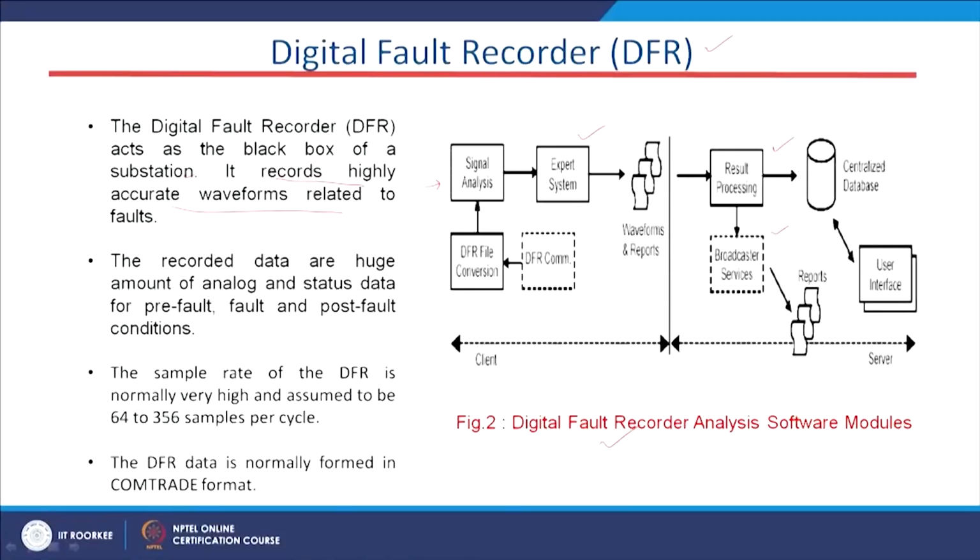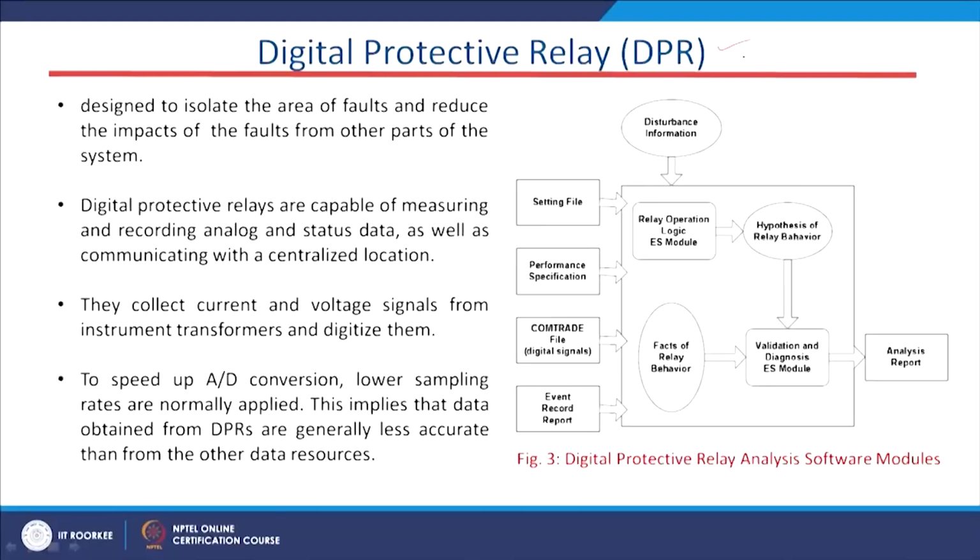And the recorded data, a huge amount of analog and status data for pre-fault, fault and post-fault conditions, can also be used for further analysis. That particular device will help us. Now, we have another device, that is the digital protective relay. We will discuss it more in our subsequent classes when we talk about the protection part of the smart grid system.